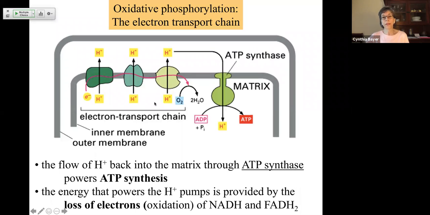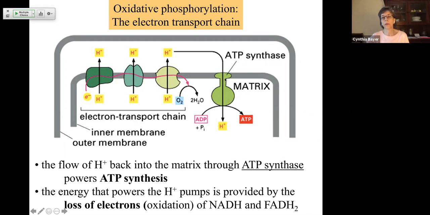Because this pumping has created a proton gradient, that potential energy in that gradient is a force. The protons can diffuse back across the inner mitochondrial membrane from the intermembrane space to the matrix side. And the only place they can diffuse through is this complex in green here that we call ATP synthase.